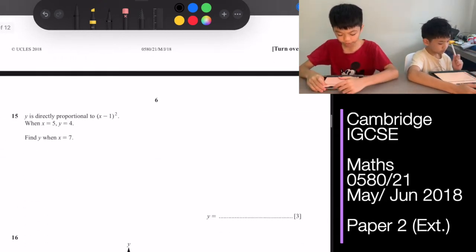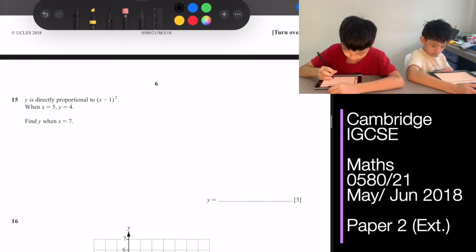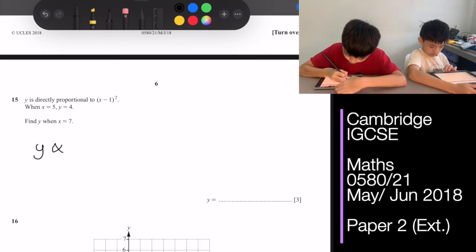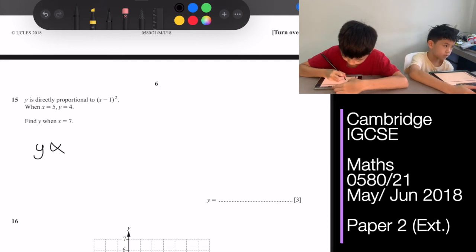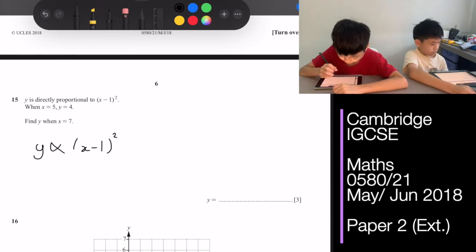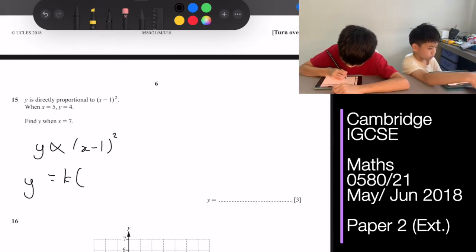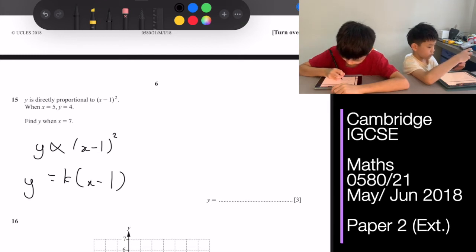For question 15, y is directly proportional to (x minus 1) squared. So, when x is 5, y is 4. Find y when x is 7. y equals k(x minus 1) squared.